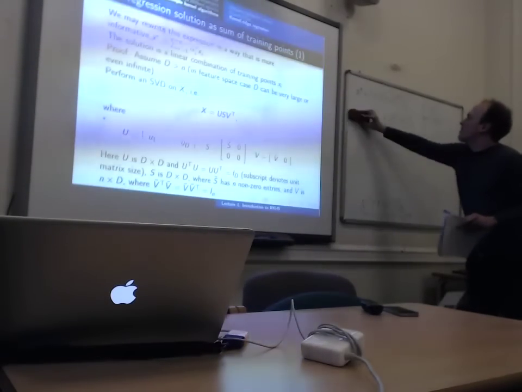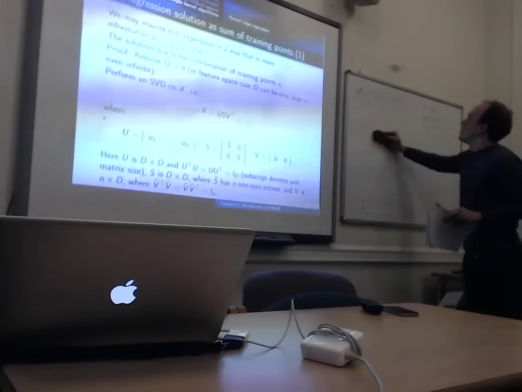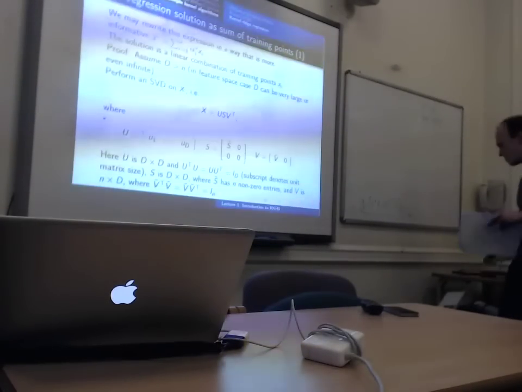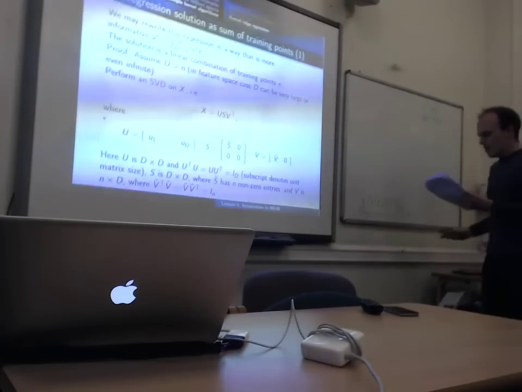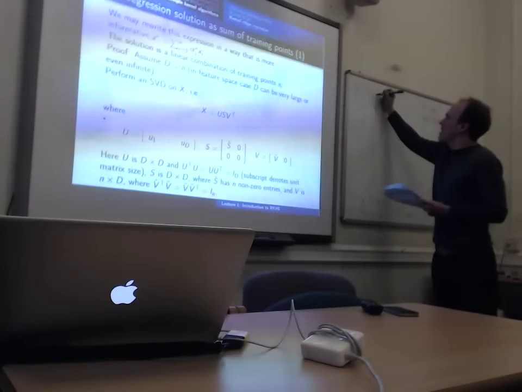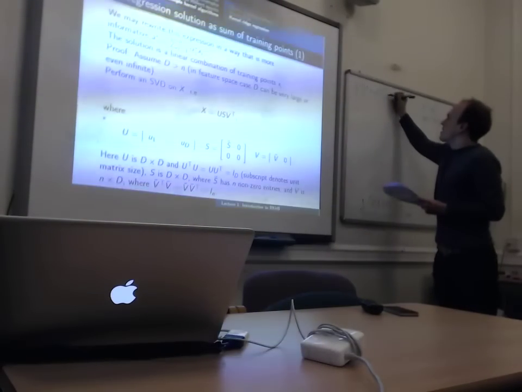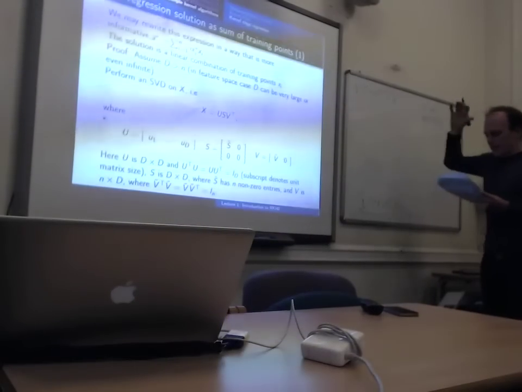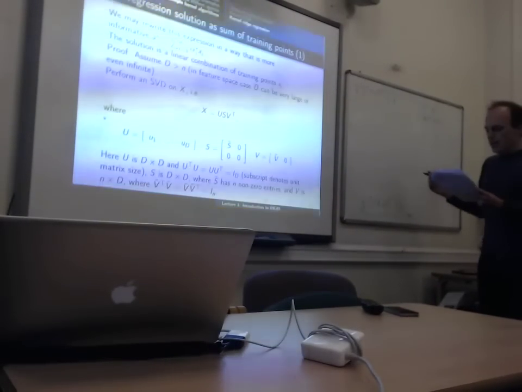Okay, so all of this stuff I will remove. Okay, so I'm starting with this, which is, I'll start up here, V (S squared plus lambda I) inverse V transpose Y. Okay.